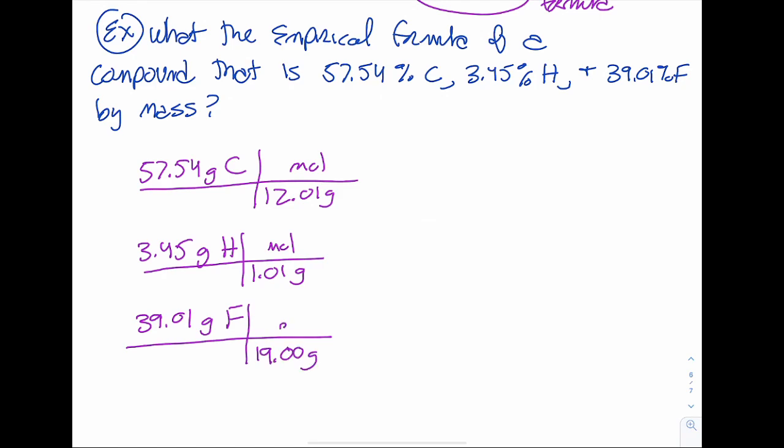Again, these numbers are just coming from our periodic table. When we do that, our grams are going to cancel, right? If it was on top, we put it on the bottom, so we're dividing. So I'm grabbing my calculator and we'll work these out. Hopefully you guys are also typing these into your calculator right now.